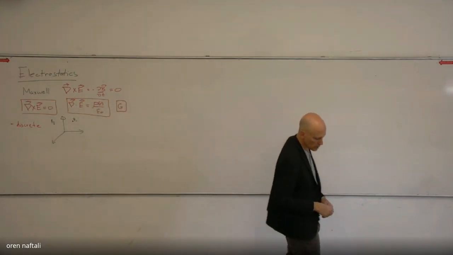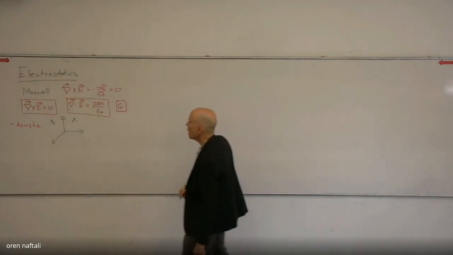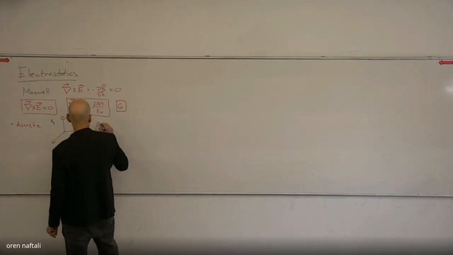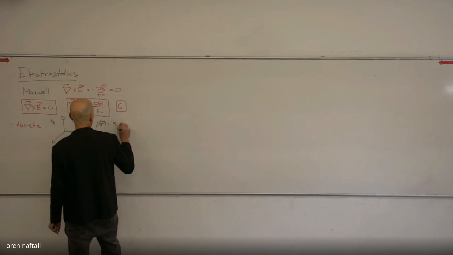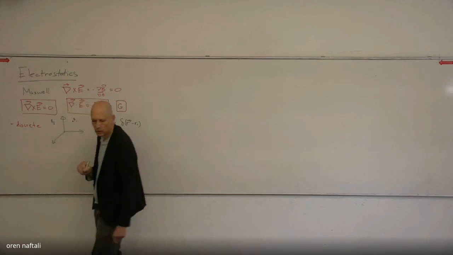What is the density in this case? The density is the sum of Qi times delta of R minus Ri, and you need to sum i going from 1 till n, the number of particles.